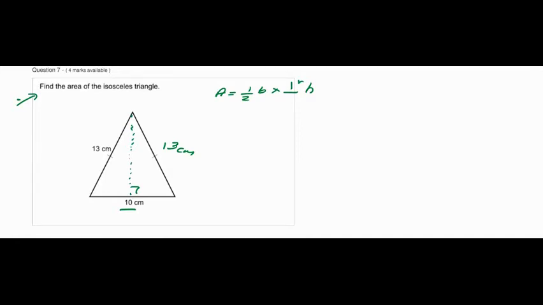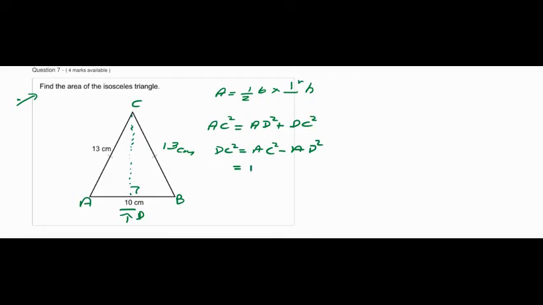So let's label our triangle A, B, C, and I'm going to call this point here D. So what we can say is that AC squared is equal to AD squared plus DC squared. Now DC squared is the one that we don't know, so we can say that DC squared is equal to AC squared minus AD squared.